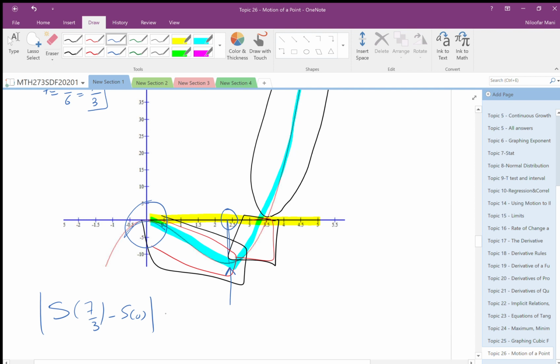You have to find the answer here, plus S5 minus S of 7/3. Okay, I have to find the answer, and for both of them I need to use absolute value, because it would be negative, because a part is negative. But when I say how much it's moving, I have to consider the positive part.